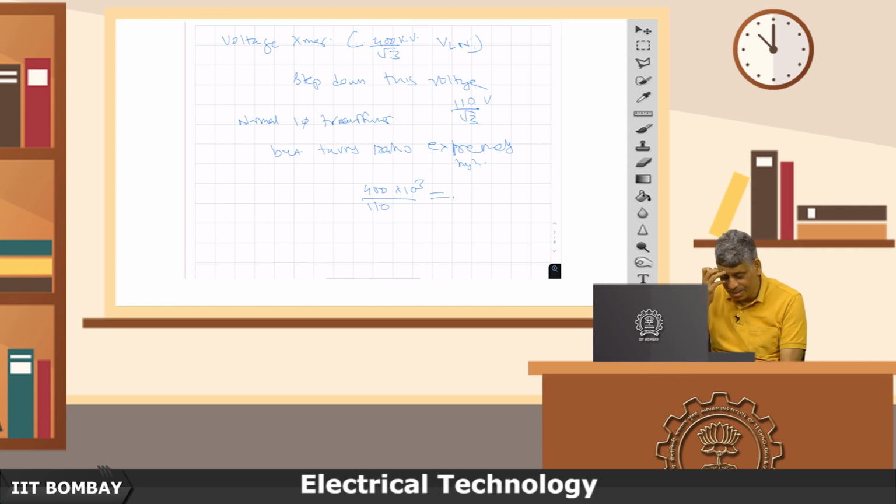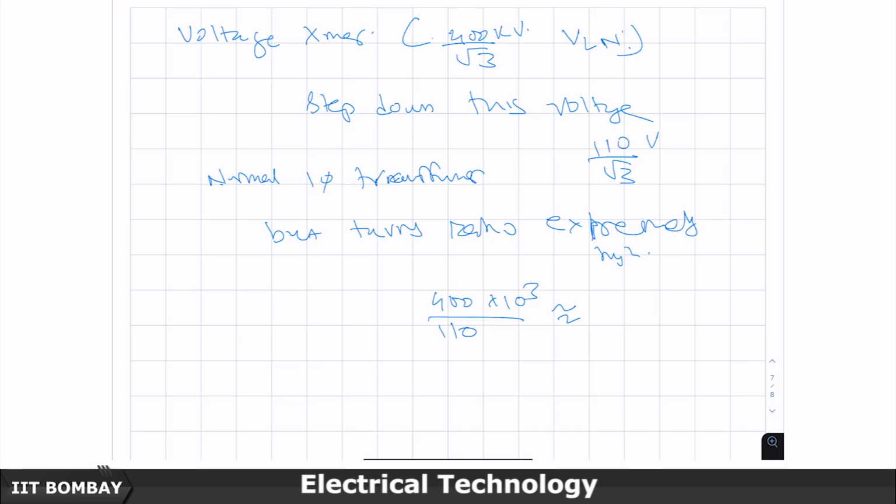I mean, this is two. If you just take this denominator as approximately equal to 100, then this is like 4,000 is to 1 turns ratio.